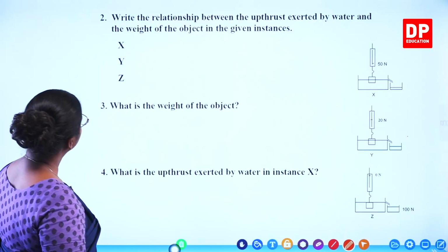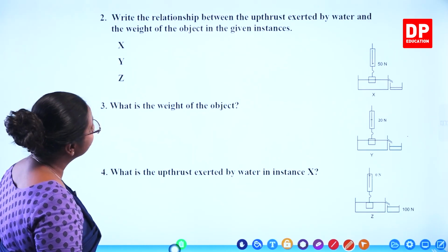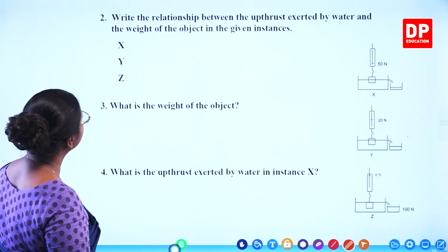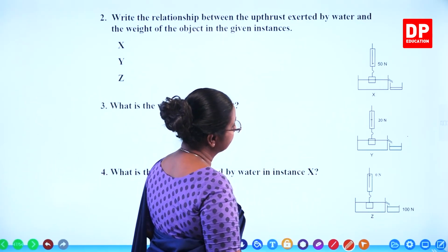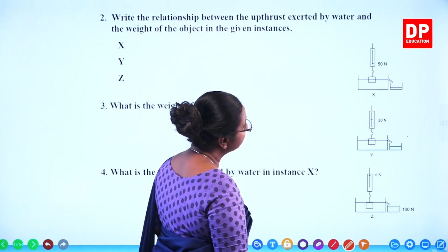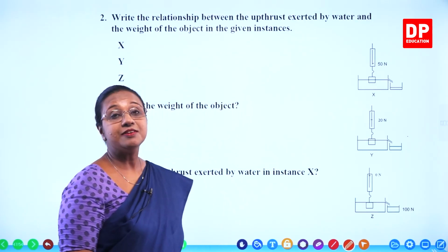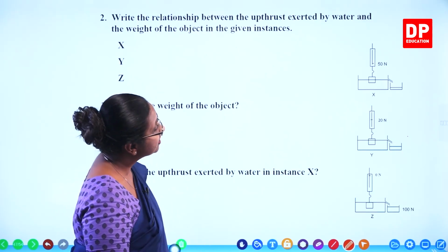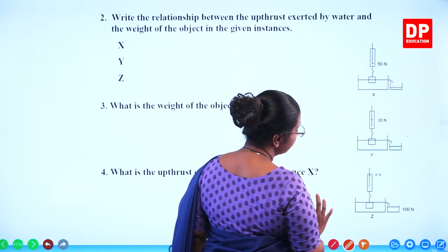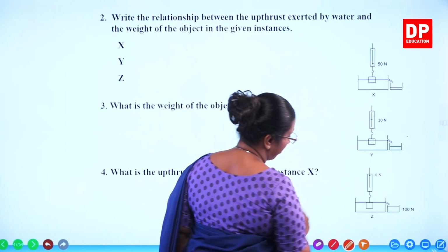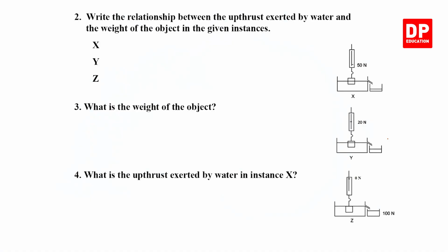So the second part of the question, students, write the relationship between the upthrust exerted by water and the weight of the object in the given instances. So in all three instances, what is the weight of the object and the upthrust? From these three observations, students, when we come to instance Z, the Newton balance shows a reading of 0 Newton, whereas the weight of the water that has been displaced is 100 Newton.